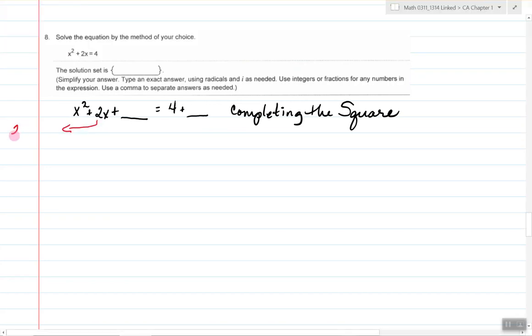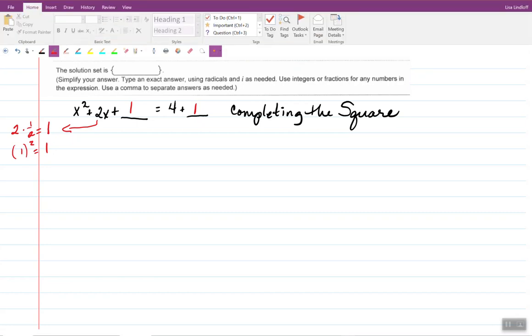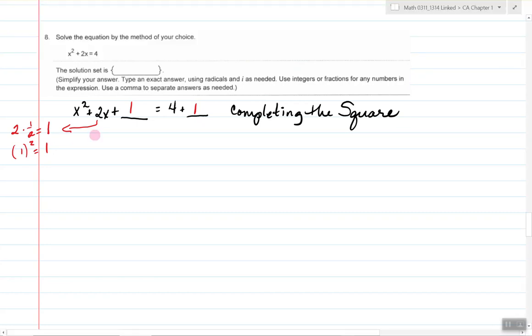I'm going to take 2, take half of it, which is 1, square that, still get 1, add 1 to both sides. The left-hand side is a perfect square trinomial, and it's x plus 1 squared equals 5.